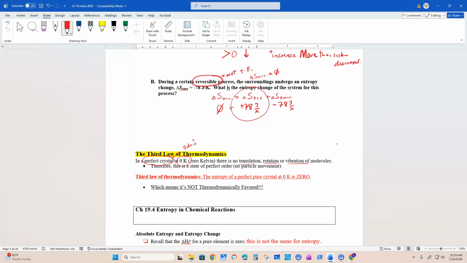It's the only time you have no movement whatsoever. That means this is a state of perfect order, no particle movement, which means the third law says if it's a perfect solid crystal, your entropy will actually equal 0. Okay, which we know is not thermodynamically favored. So it's only talking about a solid phase.